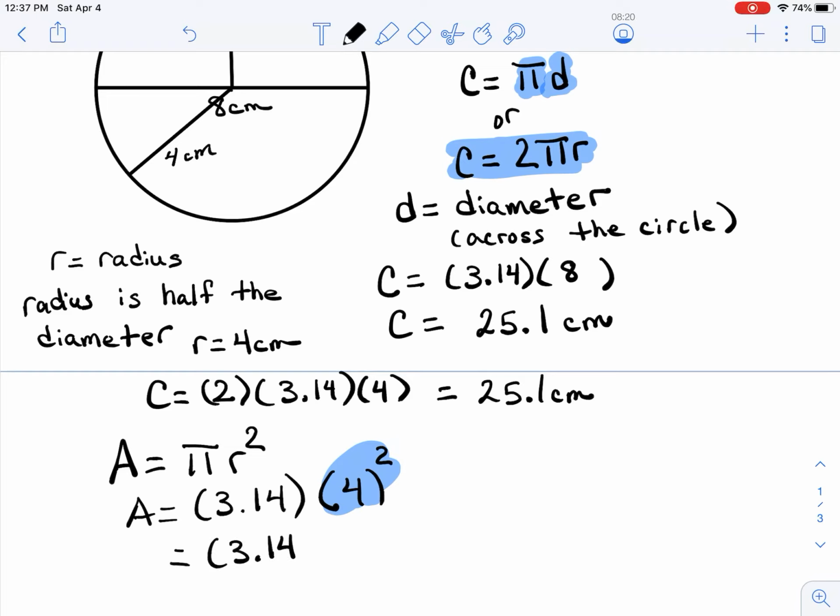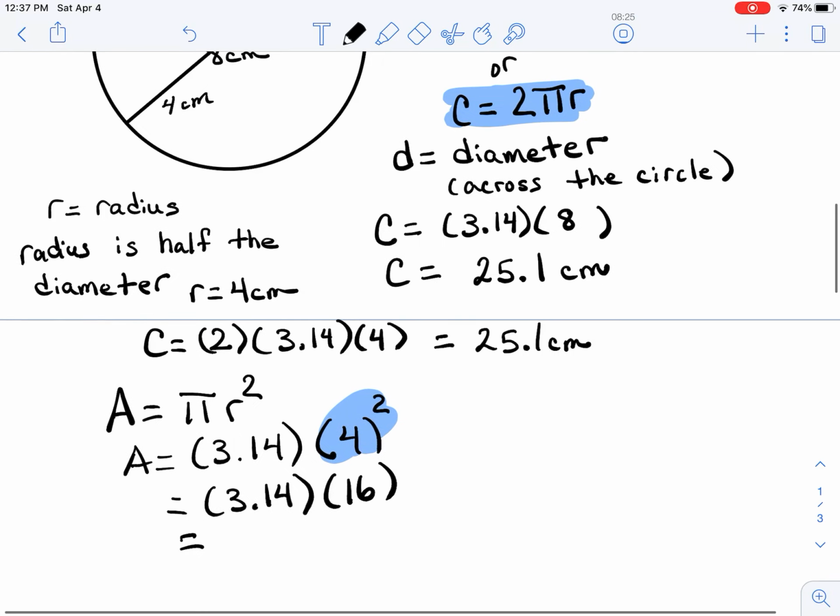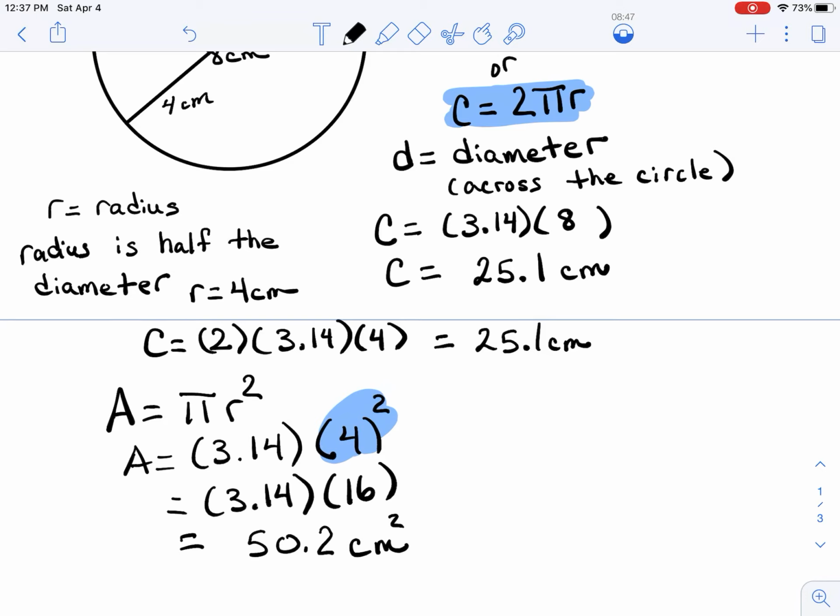So I'm going to hang on to 3.14. 4 to the exponent 2 is 16. And again, I like to use one decimal place. And I'm going to put that 2 to make a note that we took the area of a circle. So that is a quick review of perimeter, area of a rectangle, a triangle, and a circle.